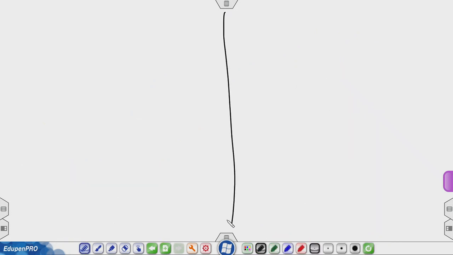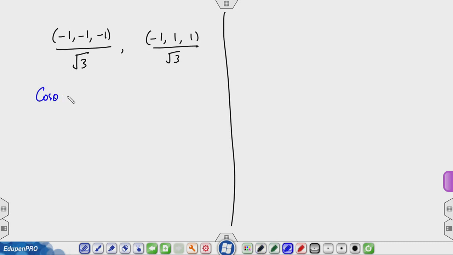So I have in this FCC lattice the vectors minus 1, minus 1, minus 1 over root 3, and the other one is minus 1, 1, 1 over root 3. So the angle between them is going to be such that cosine of theta is this u dot v, and that comes out to be 1 minus 1 minus 1 over root 3 times root 3 equals minus 1/3.